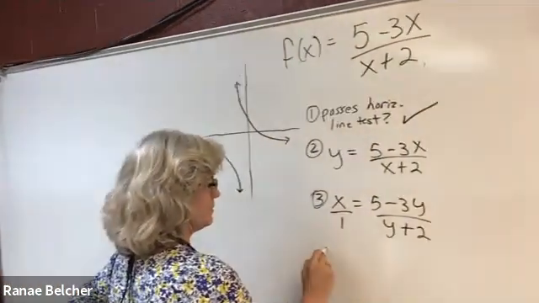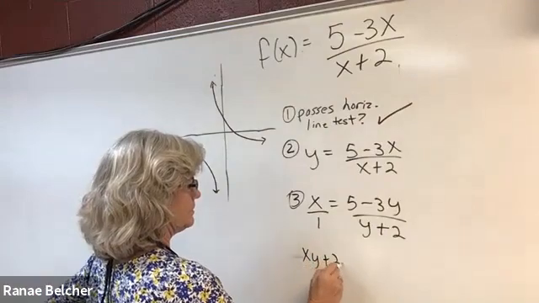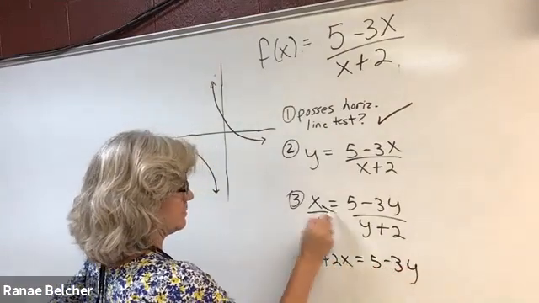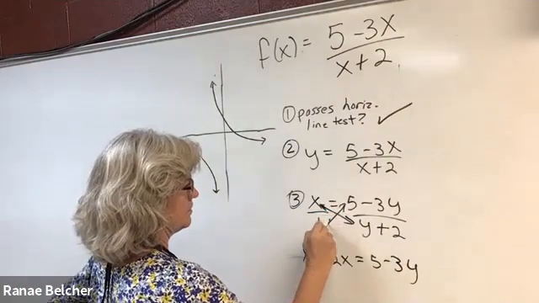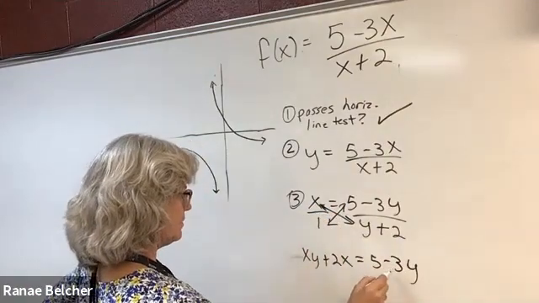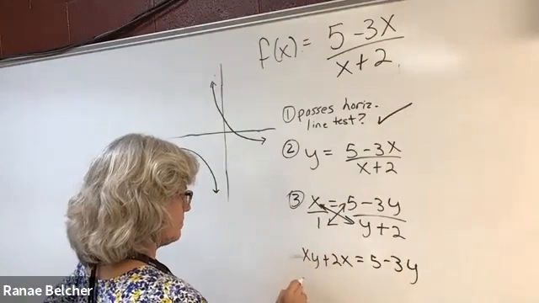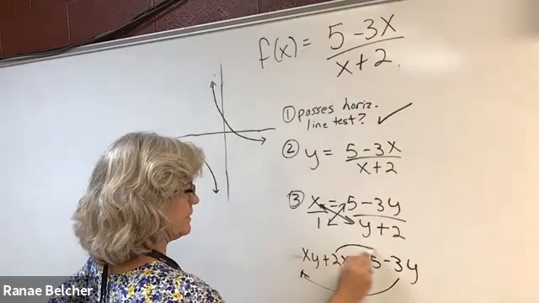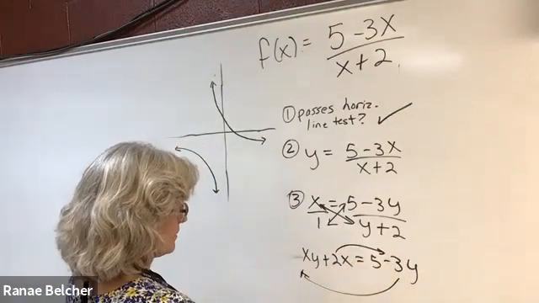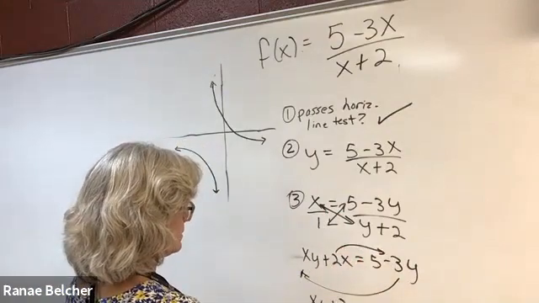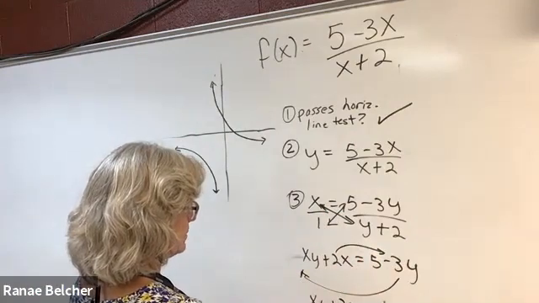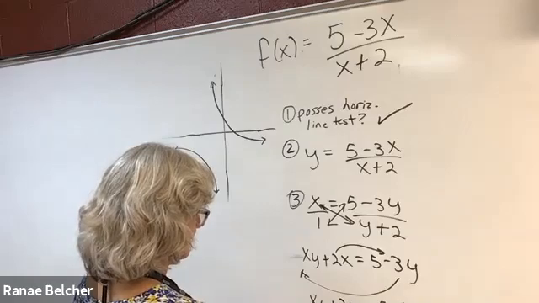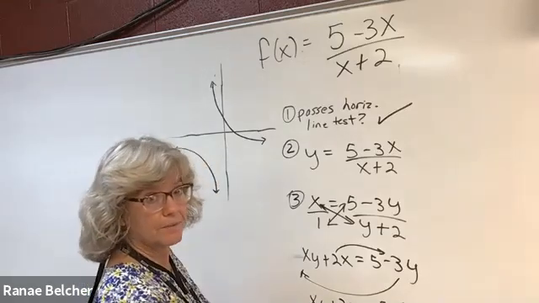Okay, so xy plus 2x equals 5 minus 3y. And then I'm going to move this over here, this over there. So that would give me xy plus 3y equals 5 minus 2x.